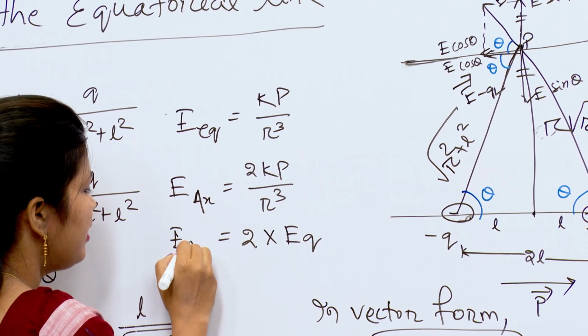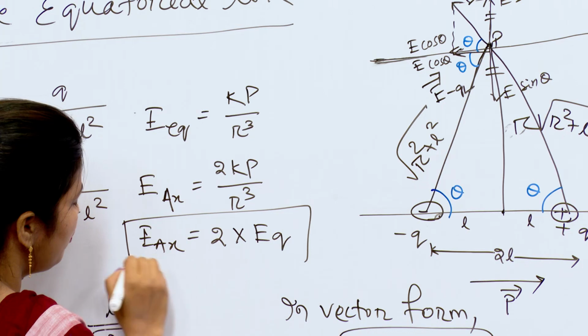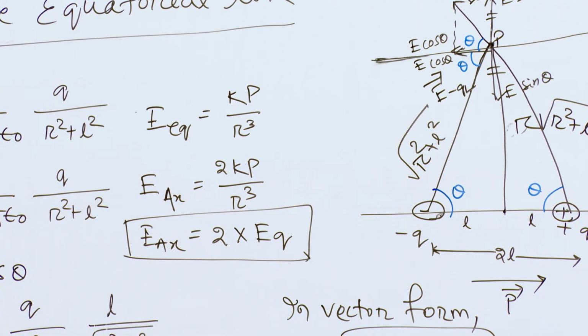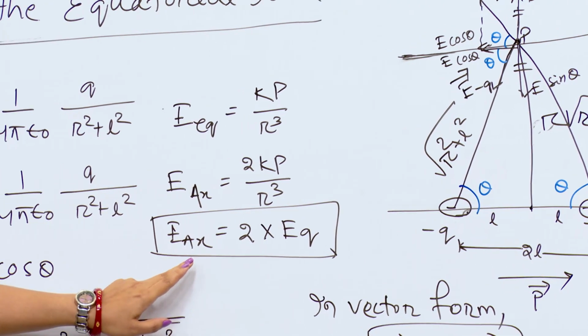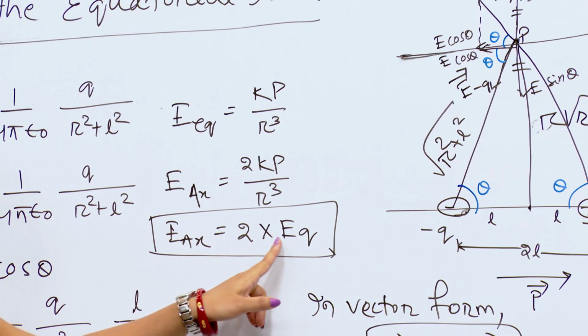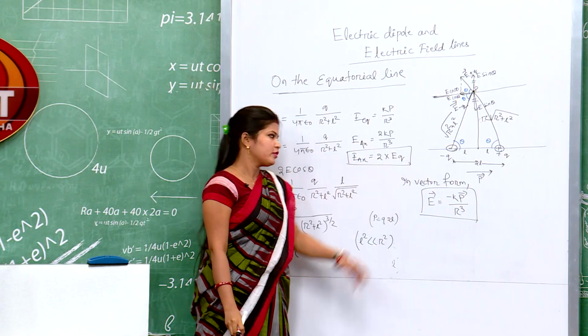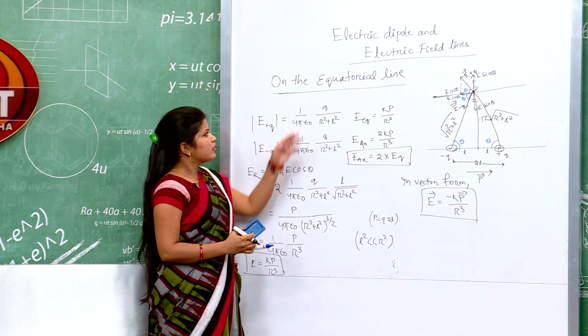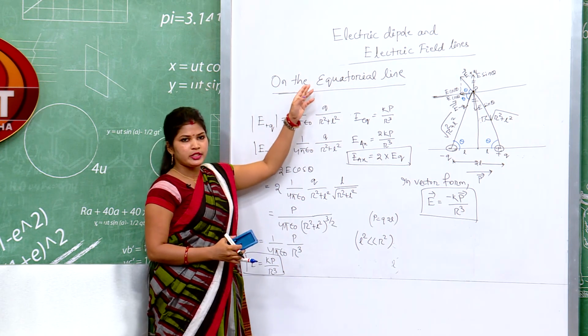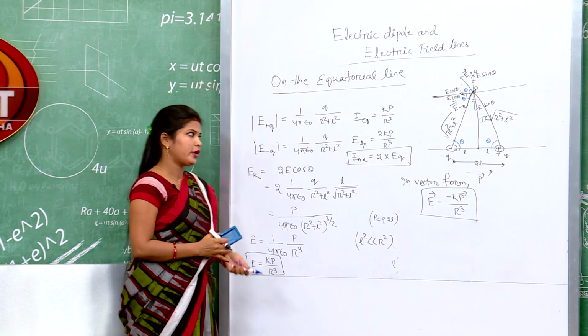So, E axial is equal to 2 into E equatorial. So, at the same distance, the electric field intensity on the axial line is double in strength compared to the equatorial line. Okay.